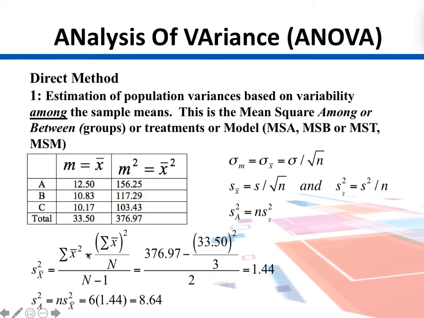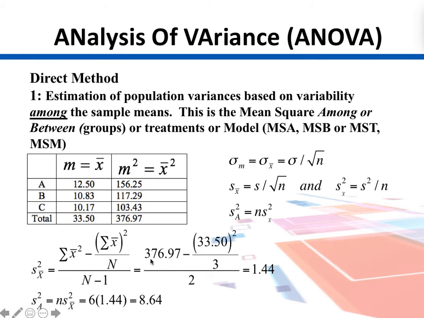We can put it into what we call the machine formula. We have seen that before, to calculate the variance. So we put it here: sum over x bar squared minus the sum over x bars, squared, divided by n, and everything divided by n minus 1.